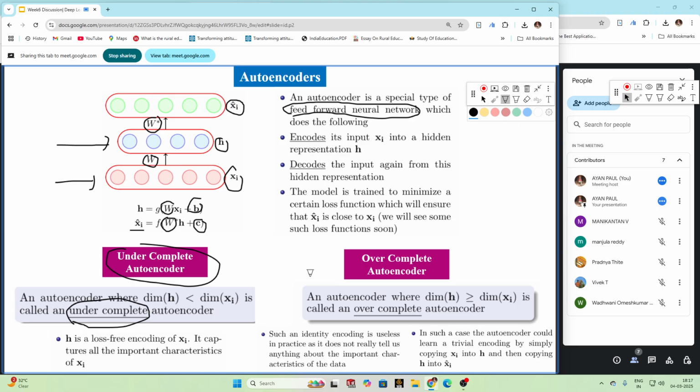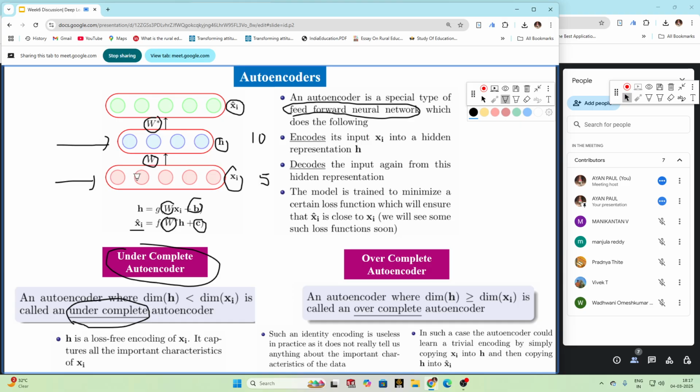Okay, now what is the practical significance of this over complete autoencoder? Actually there is no practical significance of this over complete autoencoder. Why? Because if we are using an over complete autoencoder, for example, we have 5 neurons in the input layer, and let's say we have 10 neurons in the encoding layer.